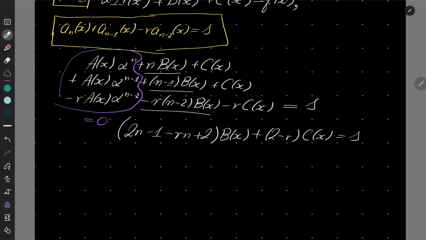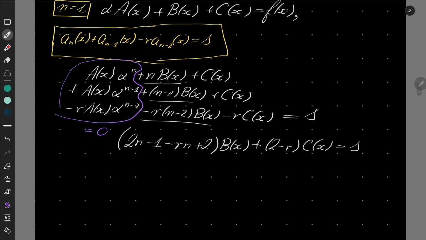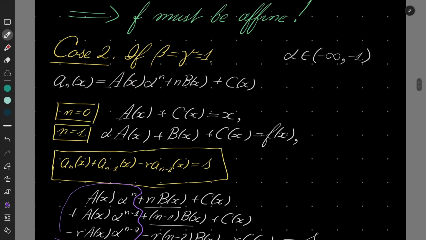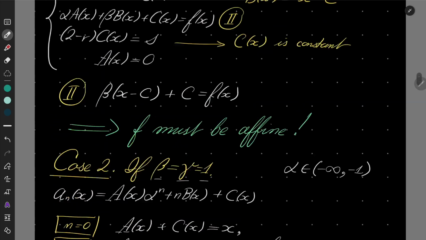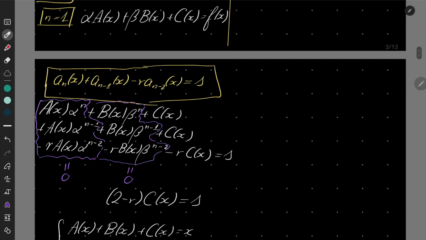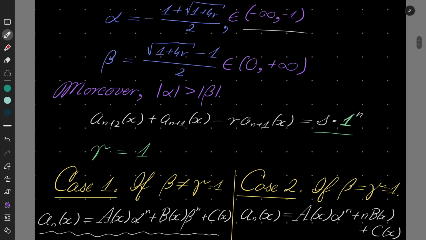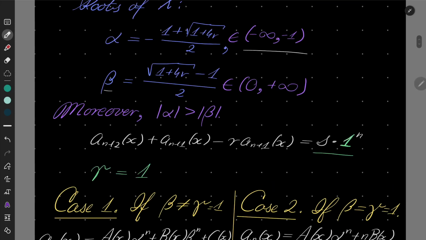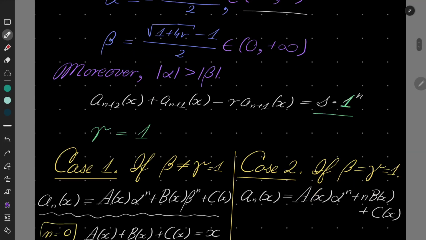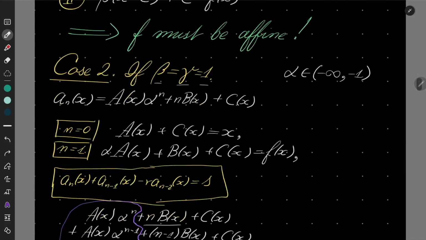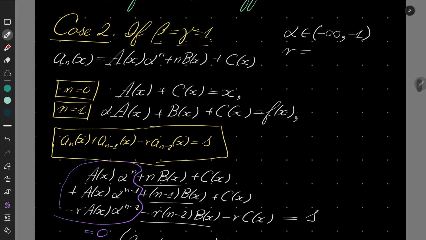But remember one more thing, that if we are in the second case where beta and gamma are equal to 1, and let's go back, that means beta is 1 in this case, and beta can be 1 only in one case where r equals 2, because when r equals 2 we have square root of 9, which is 3, 3 minus 1 is 2, 2 over 2 is 2. So that means that r equals 2.